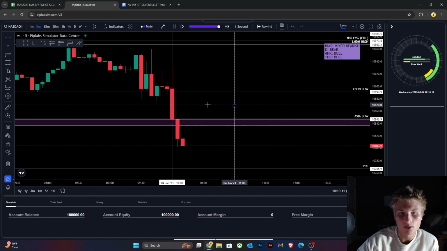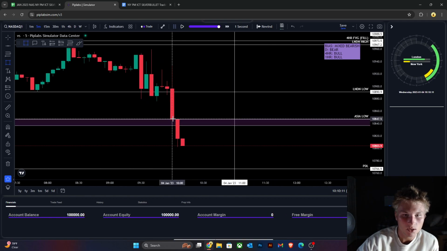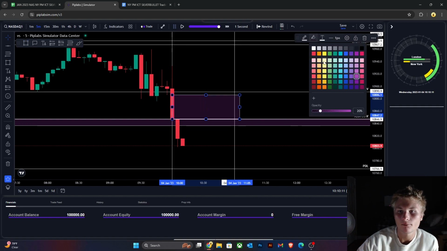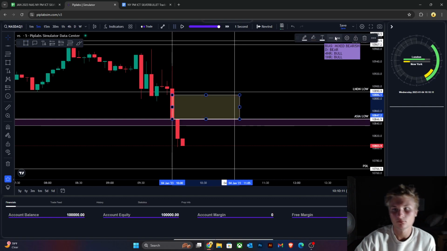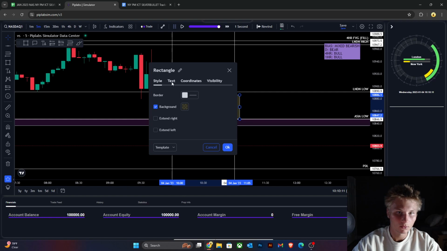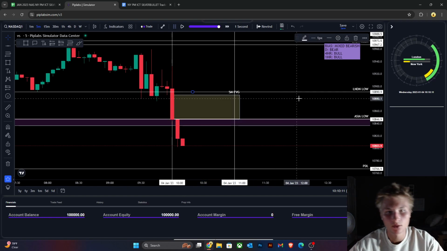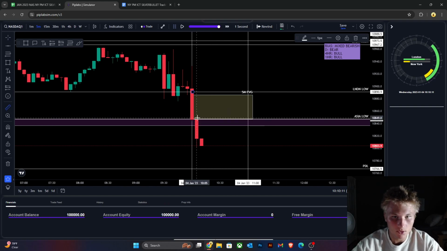Yeah, so right here, I see this 5-minute gap that price could react off of to continue bearish. This is a pretty wide gap, but let's see.